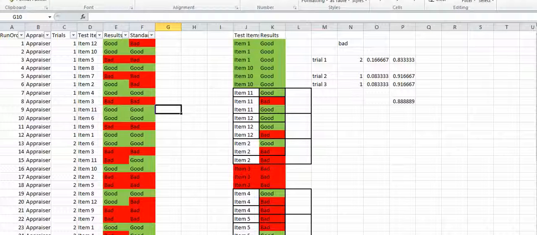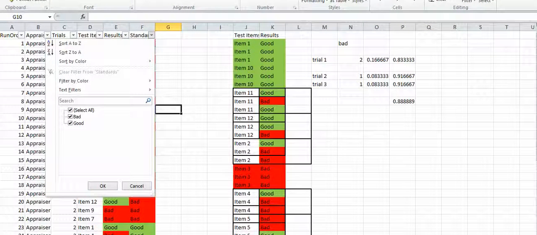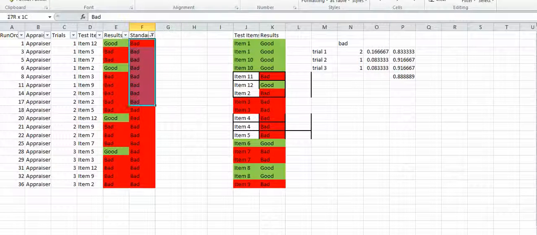Let's use the filter option in Excel, and let's select just the bad standard. So these are the total of 18. You can see the count of 18. You can quickly look and see that there are 4 pieces mislabeled here in this scenario.